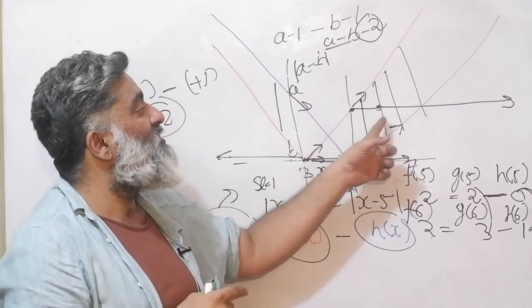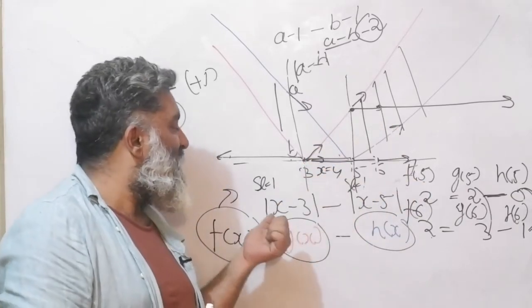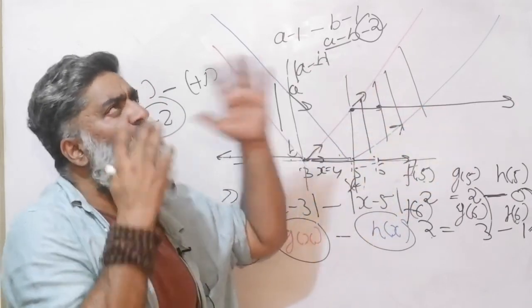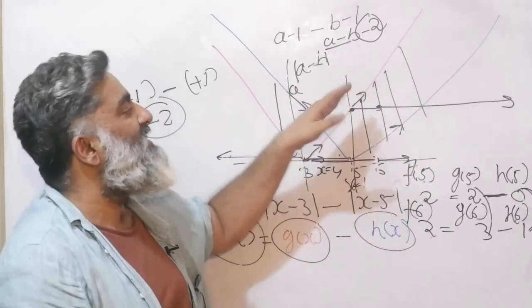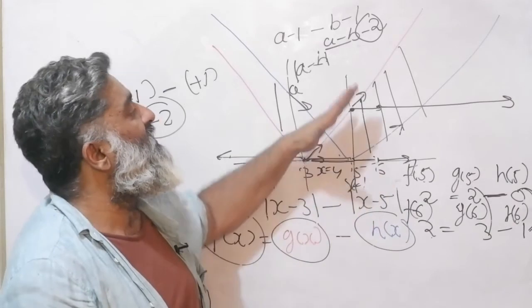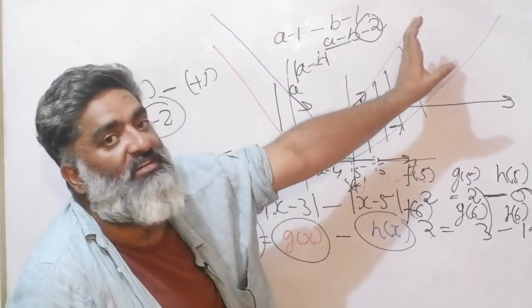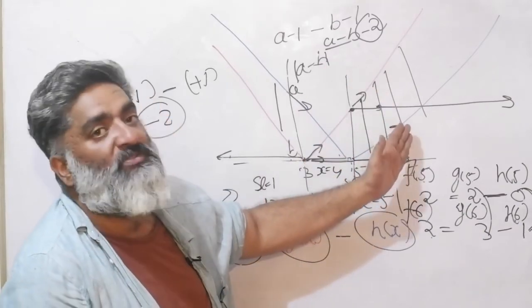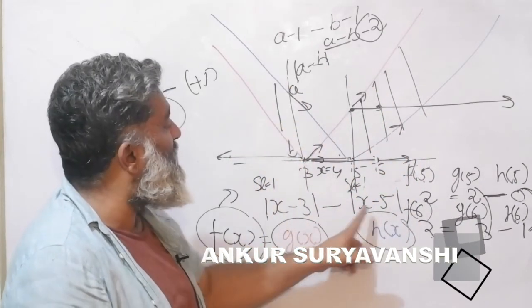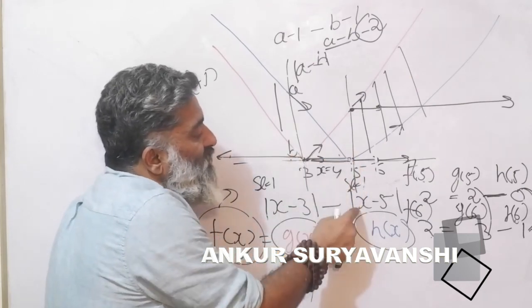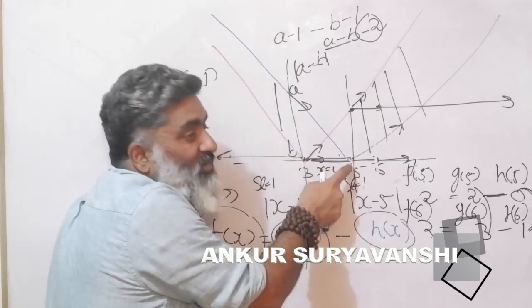Why was the slope working out like that? Why did I just consider slope minus slope and I knew that it was going to be constant? Because I've seen mod graphs earlier. I sat one day and I observed that in any story, this is what happens. After this point, they behave in a certain manner and they have their slopes fixed, right? And that is just visible to me here. This is the region I have to be careful about, because in this region, the slope is not 1, the slope is minus 1 for this story.